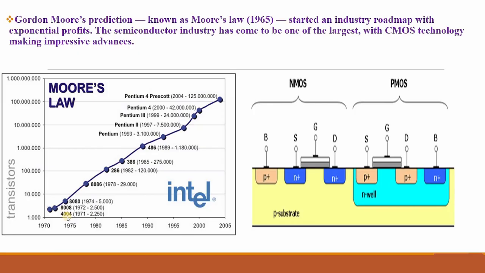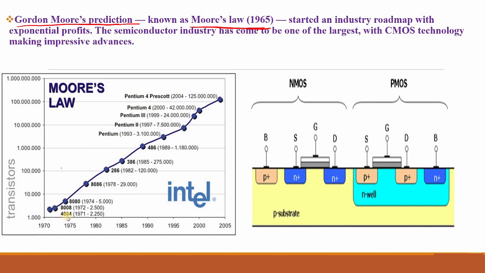Gordon Moore, the founder of Intel, gave a statement in 1965, known as Moore's law. He started the industry roadmap with potential profit, and the semiconductor industry came to be largest in CMOS technology.